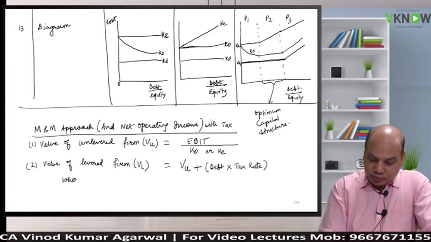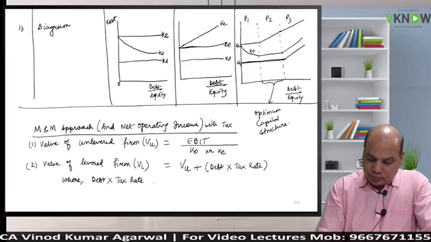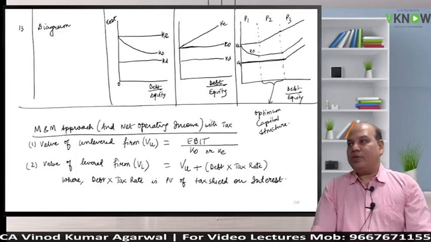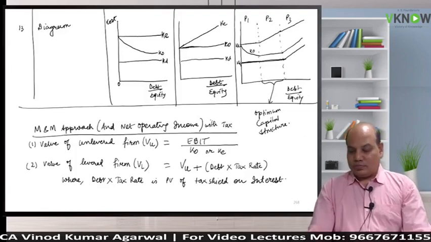Where debt into tax rate is the present value of tax shield on interest.